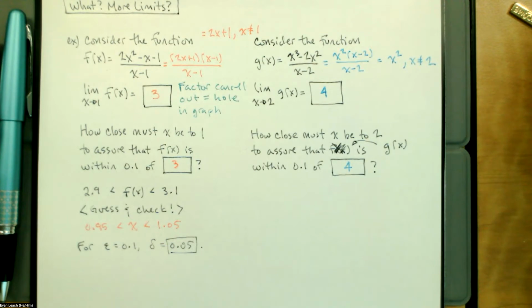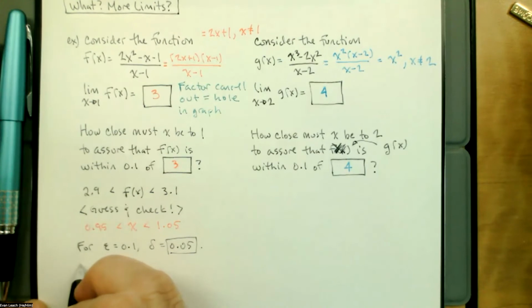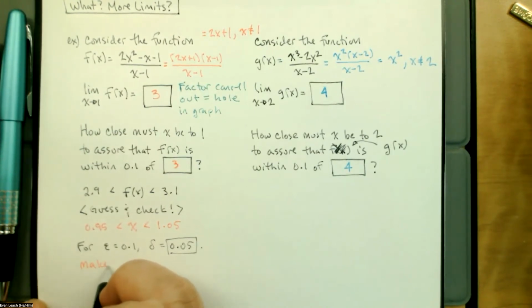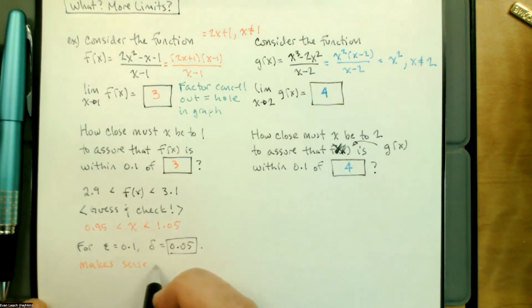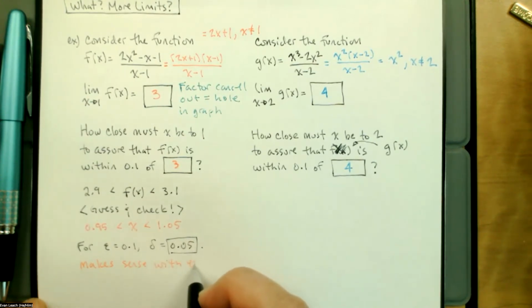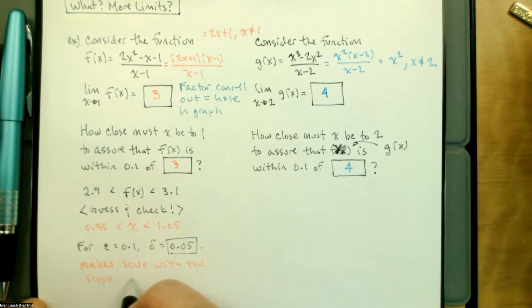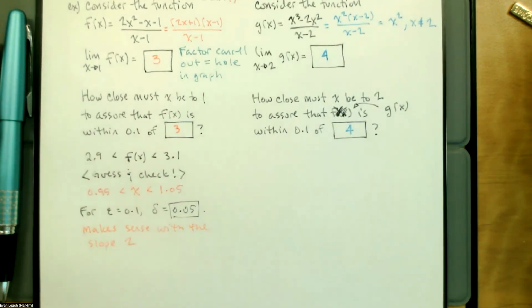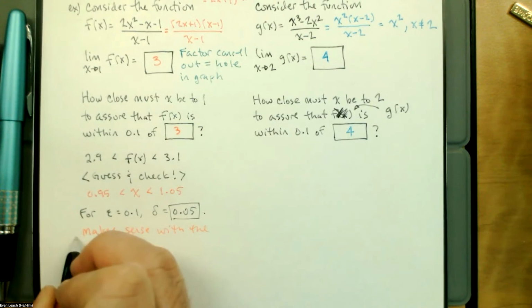Looking at this closer, this makes sense. When we simplify it, we're dealing with a linear function with a slope of 2. So however much y changes, x will change by half the amount. So this tracks with the slope of 2.